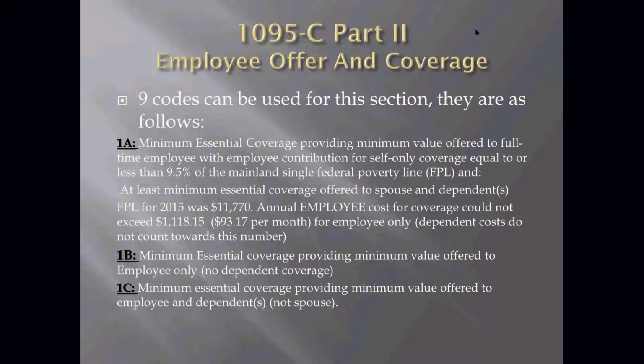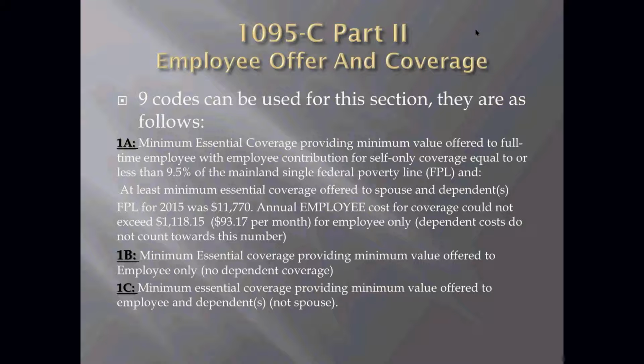But if your coverage is costing the employee nothing, so they're paying $0 per pay period, $0 per month for their employee-only coverage, you'd be able to use Code 1A in Box 14. And for a lot of folks, this will be the correct code, because they're not charging so much to their employees.